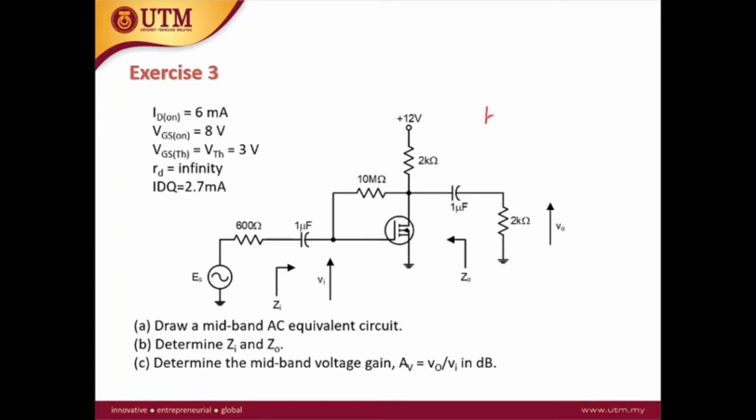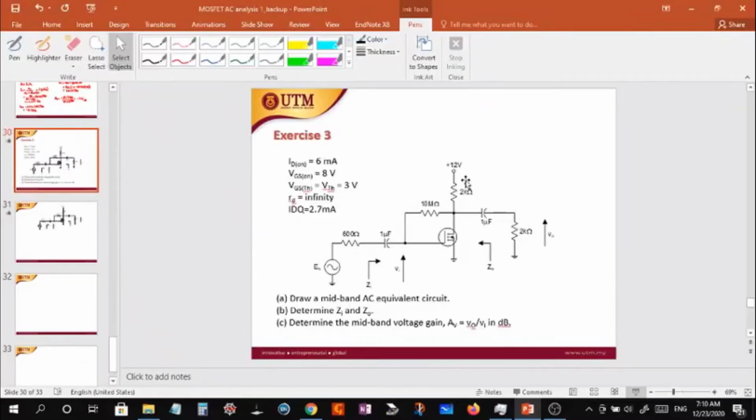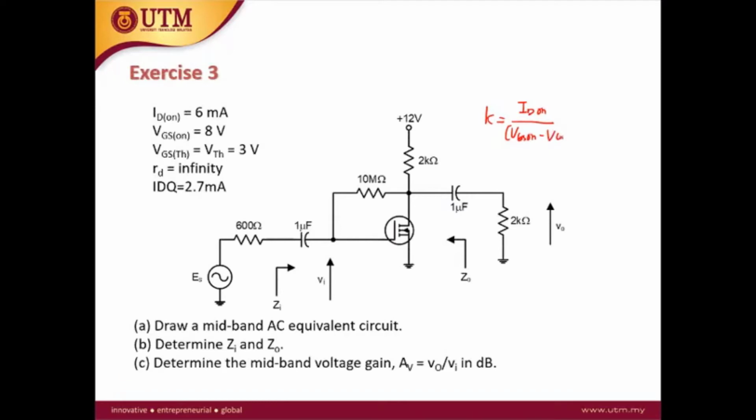So K will equal ID on over VGS on minus threshold squared. This is the equation for K. So ID on is 6 milli, and then VGS on is 8 minus threshold is 3, squared.